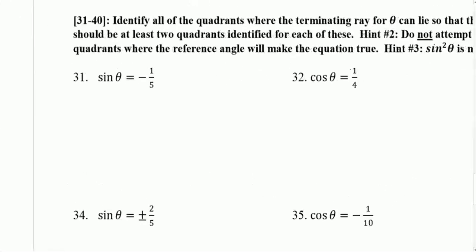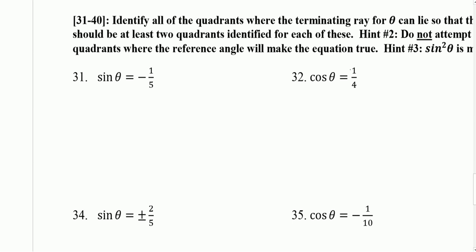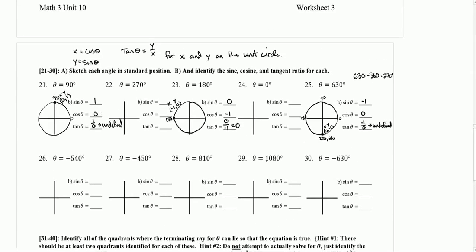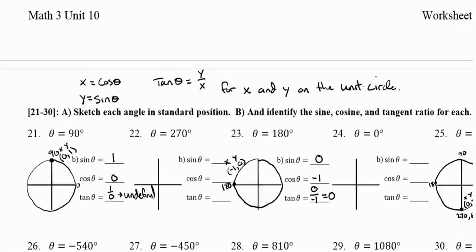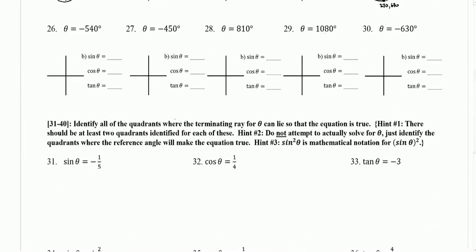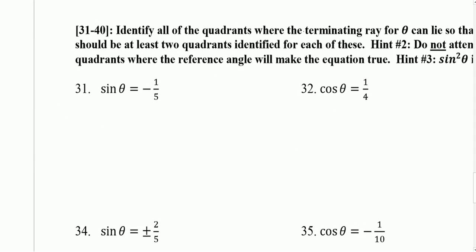So if we take a look at number 1, we notice that the sine is negative. And if we go back to what we were saying about the unit circle, where the x value on the unit circle is your cosine, the y value is the sine, the tangent's y over x. We can put those things together. So we know that sine is y, so our y value is negative.